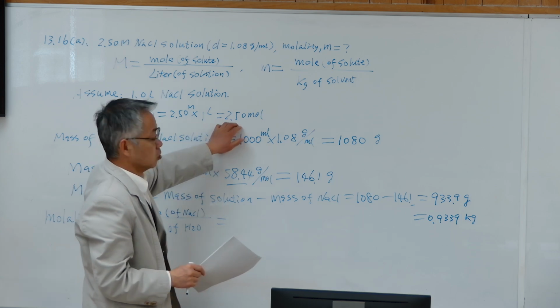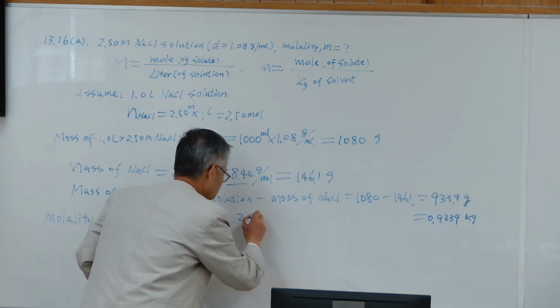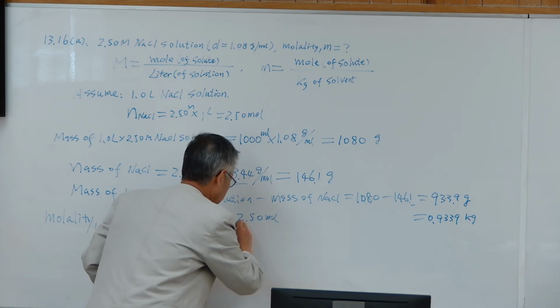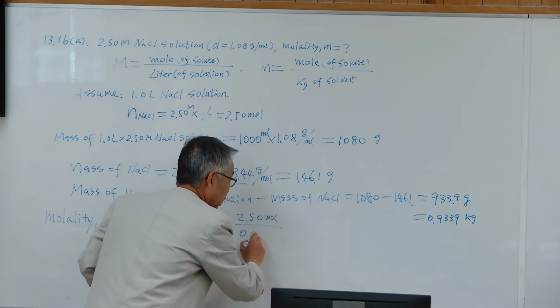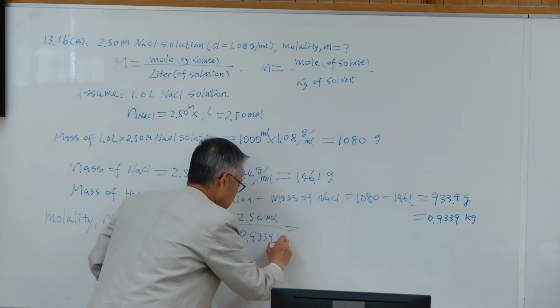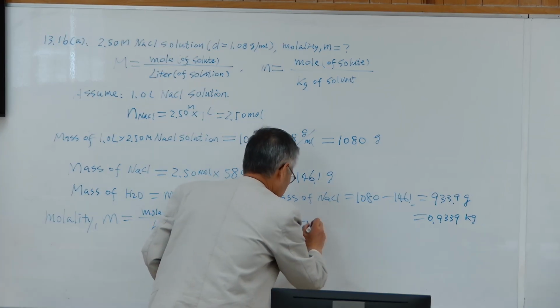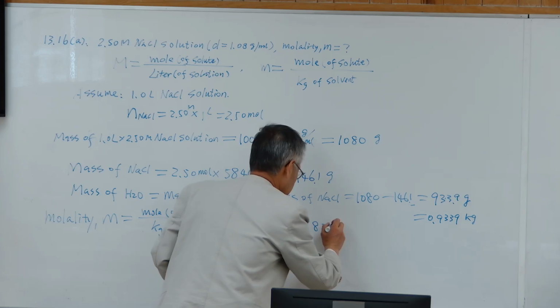Moles of sodium chloride is 2.5. Kilogram of water is 0.9339. Then your molality will be 2.68.